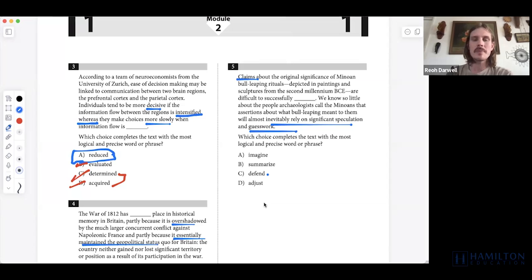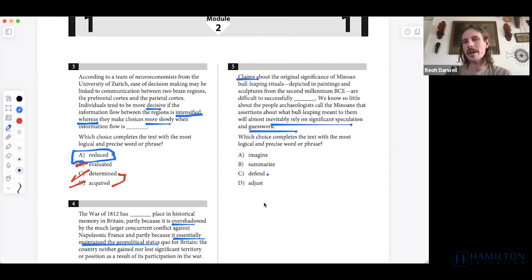I would like you, if you miss this question, to do a little thought experiment for yourself where you think, what second sentence would prove the one I chose, right? If you chose, for example, summarize, what would we want to put there? Probably something that says, because they are also different from one another and come from such a varied time frame, it's difficult to use one simple conclusion or one simple depiction or discussion of these to encapsulate all the varied art forms, right?